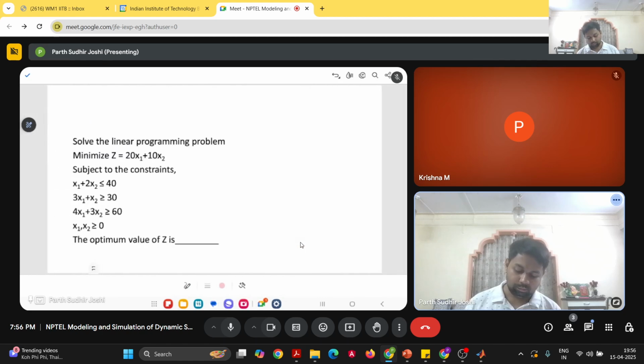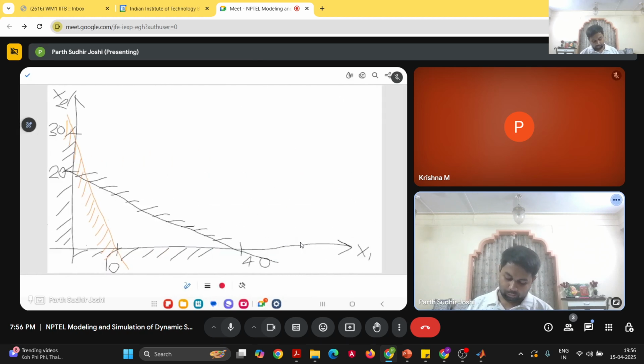And for x2 equal to 0, 4x1 is 60, so x1 will be 60 by 4, which is 15. So we will have 15 and 20, and the line passing through them.